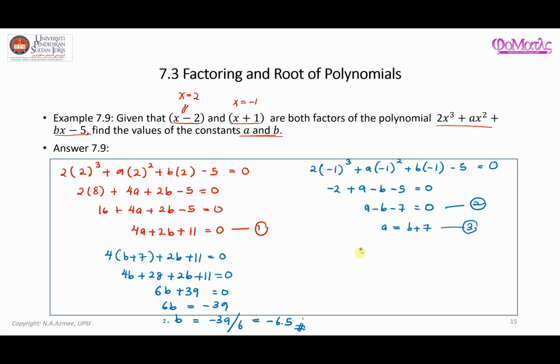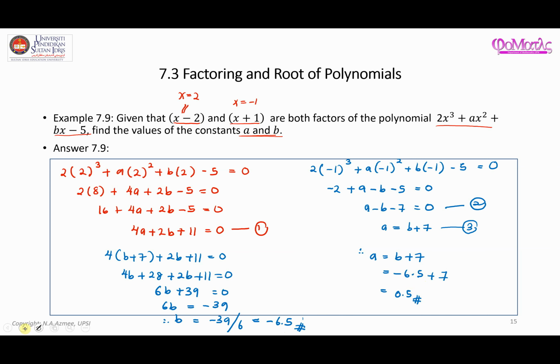So now, therefore, a is equal to b plus 7, where b is negative 6.5 plus 7, and so a is 0.5. So those are the values of a and b. a is 0.5 and b is negative 6.5.